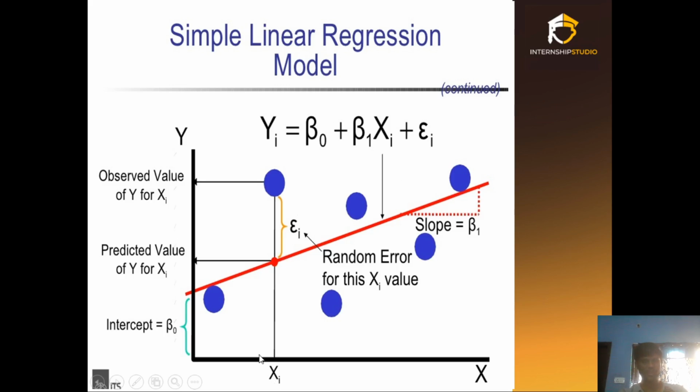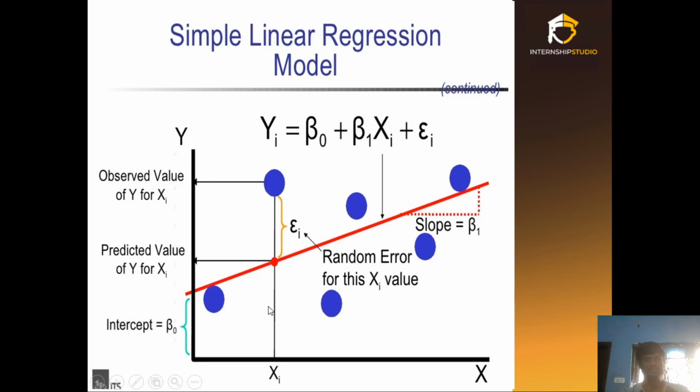If you try to make a prediction for xi, you can see that the actual sample is here, but because the model is linear, and we are also fitting the model in such a way that it is not overfitting, considering all of these factors, there is an error. This is the sample, and this is the value you are predicting. So this is the error term, the random error for this xi value, which is epsilon i.